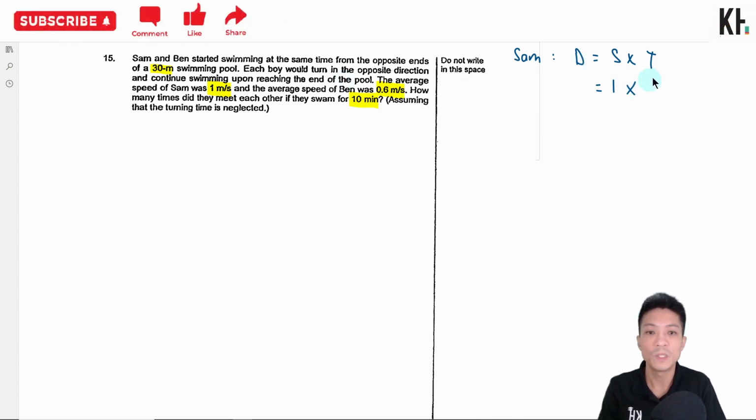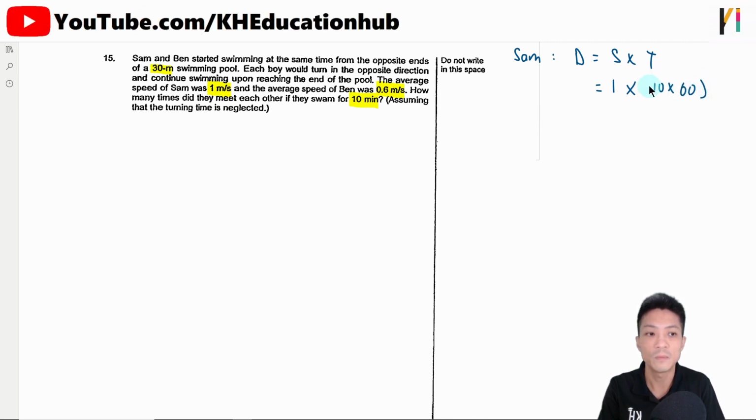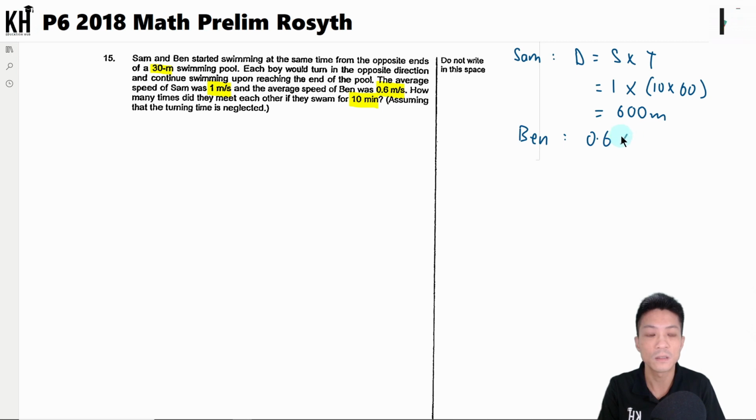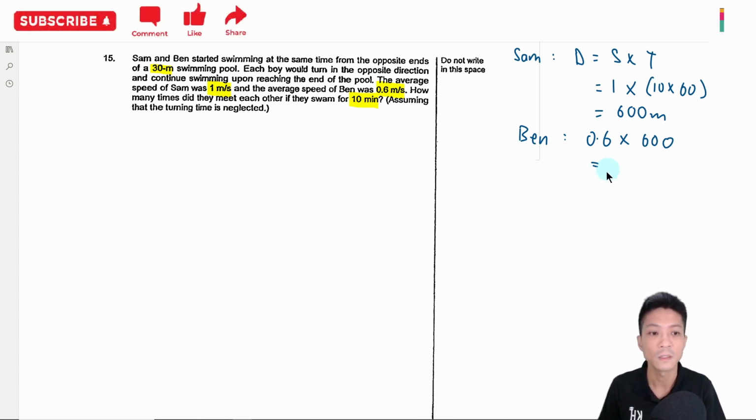So I'm going to use the 1 meter per second multiplied by 10 times 60, because in 10 minutes there are 60 seconds, which will give me 600 meters. For Ben, the distance would be 0.6 multiplied by 600, right? So this will give me 360 meters.